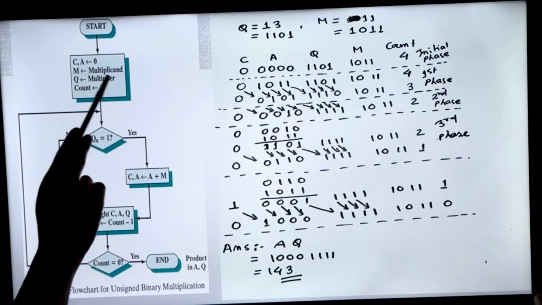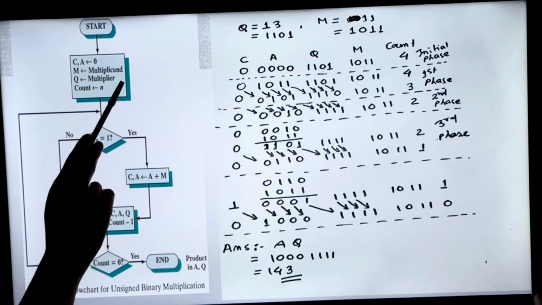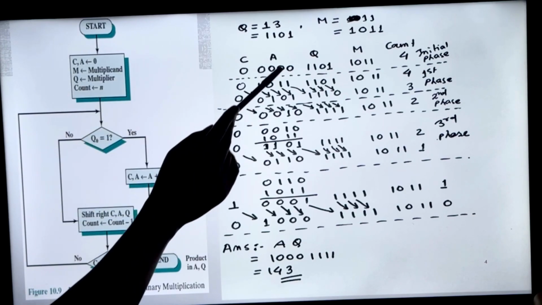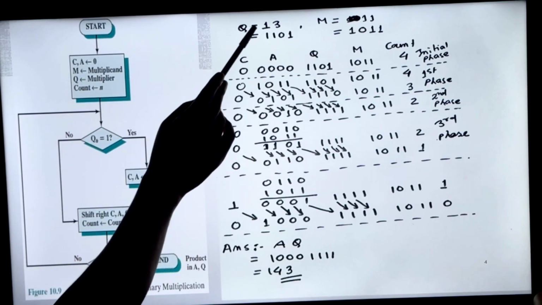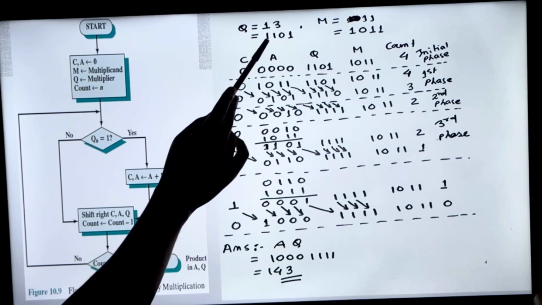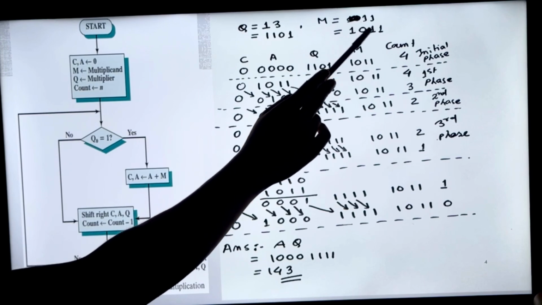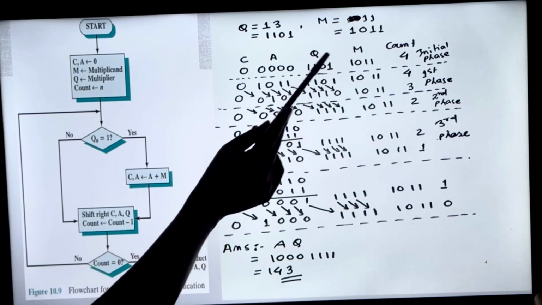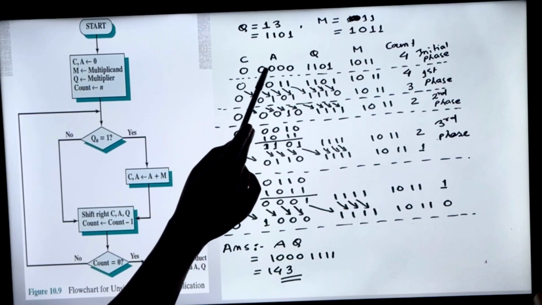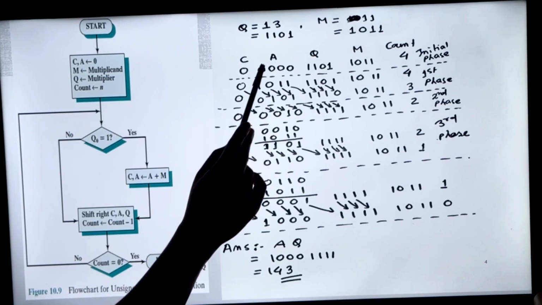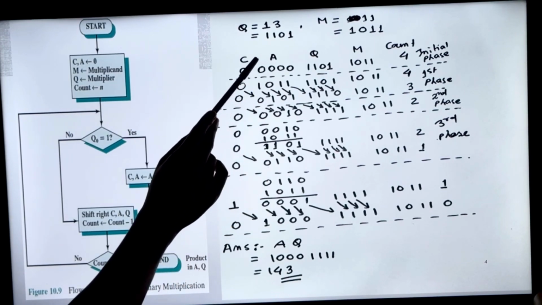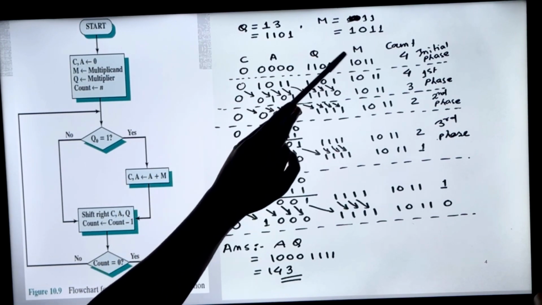Next I have M for multiplicand and Q for multiplier. I am taking the multiplier as 11 and the multiplicand as 13. Converting back to binary, 13 is 1101 and 11 is 1011. Both numbers have 4 bits, so I take exactly 4 bits in A also, initially all zeros. So I have C, A, Q, M, clear for you.